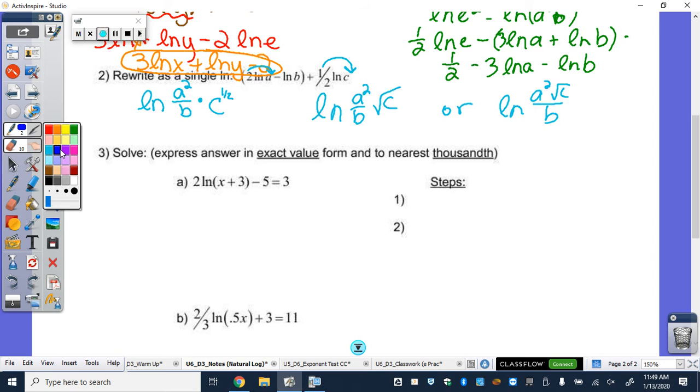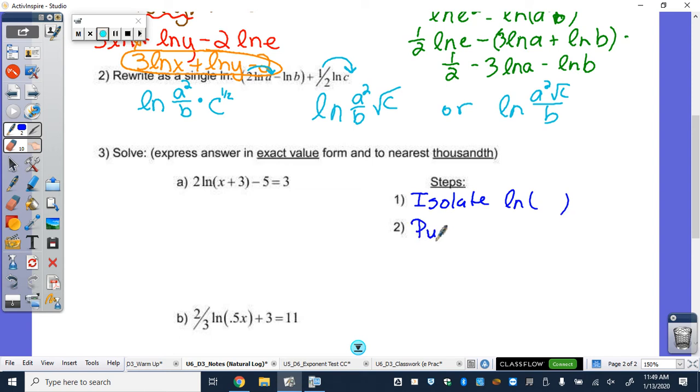So the other thing we're going to do today is we're going to start solving some ln equations. So when we are solving ln equations, you want to first isolate the ln of whatever. So get the ln just by itself. Then you put it in exponential form.